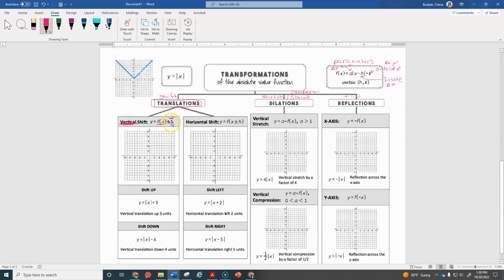We see a plus sign at the end of the problem, like y equals the absolute value of x plus 3. That means that we're going to translate that graph 3 units up. So this vertex that was at 0, 0 is going to translate up 3 units, and it's now going to be at 0, 3.